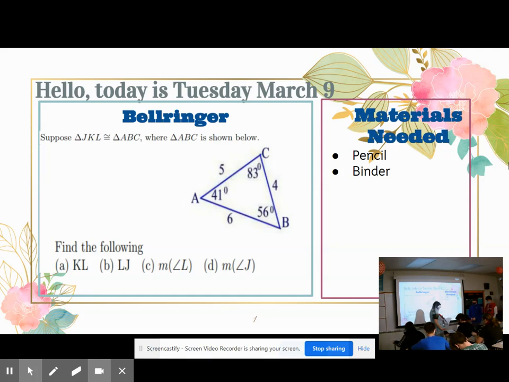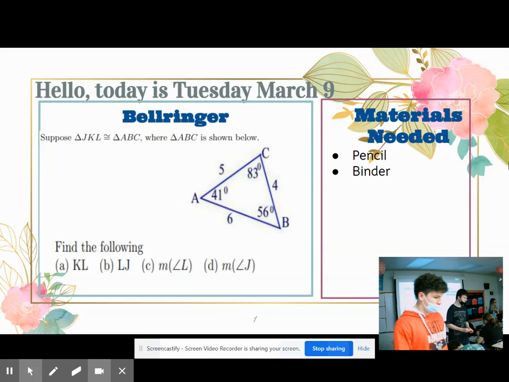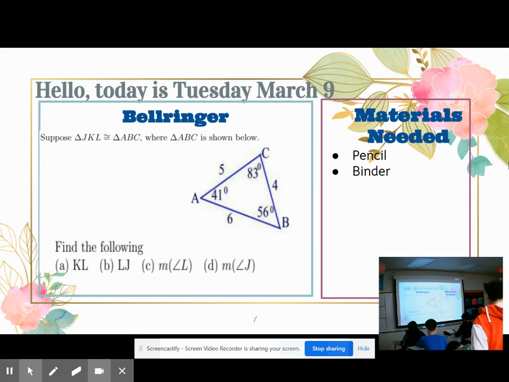If you're retaking the test, you do not need to turn in your test reflection until the day you retake the test.